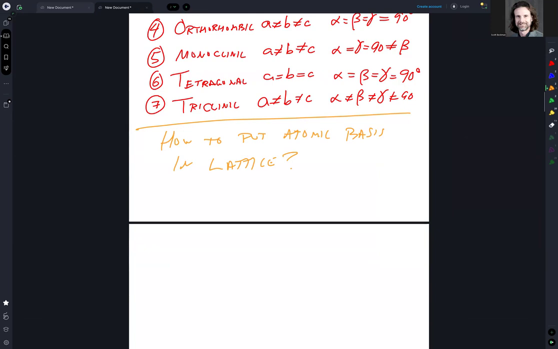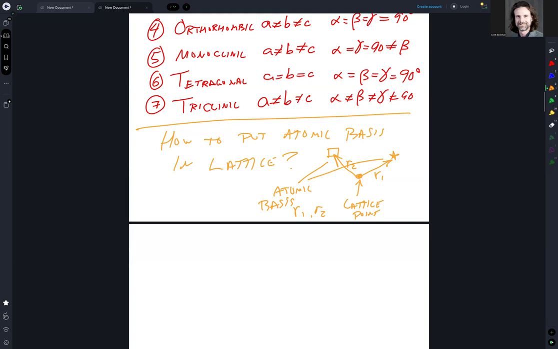So we have, say, some lattice point, and then we have some R1, and call this a star atom, and some R2, call it a square atom.